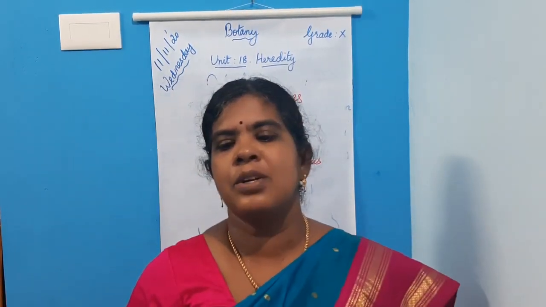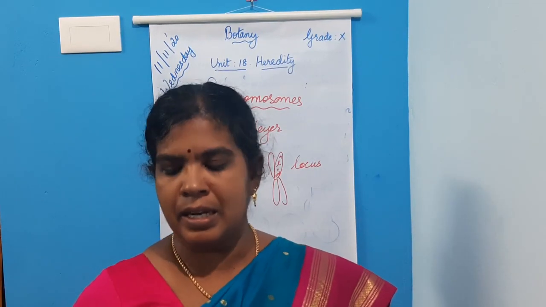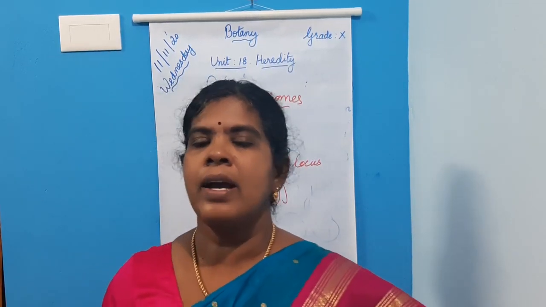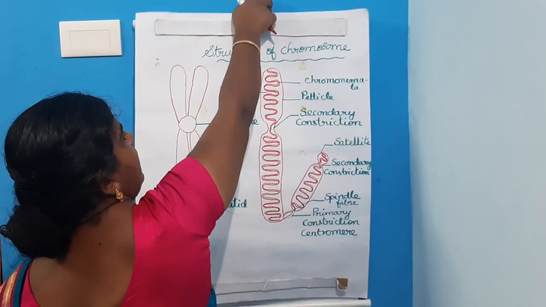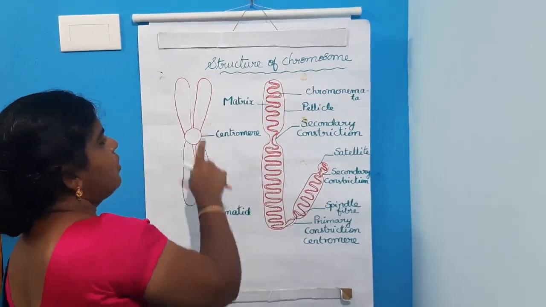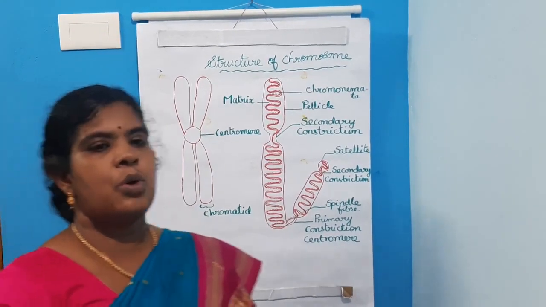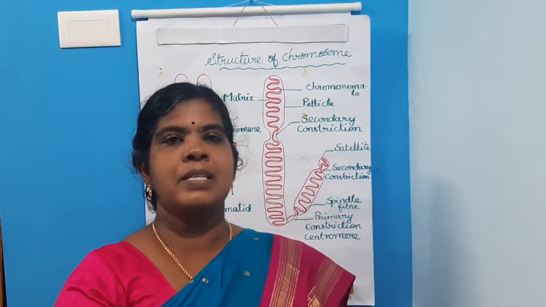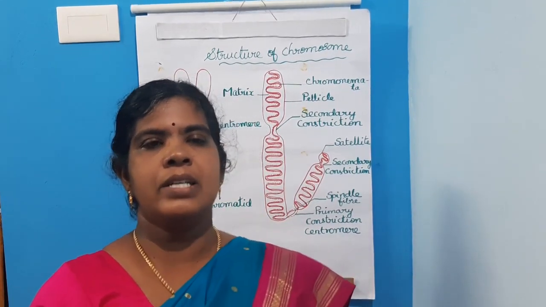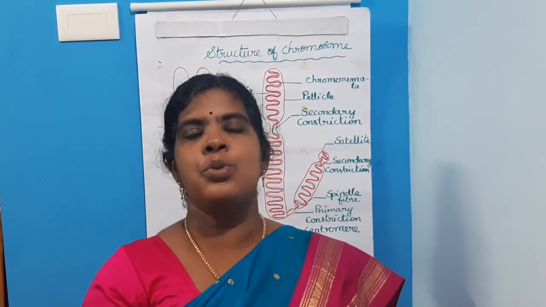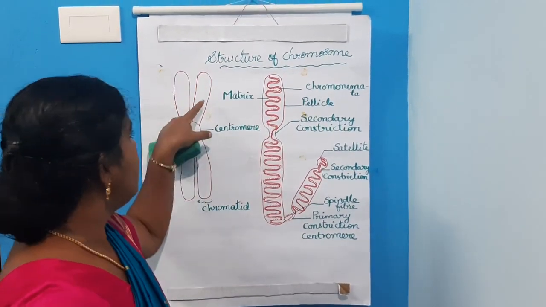Now the structure of the chromosome. Chromosomes are thin, long, thread-like structures consisting of two identical structures called chromatids.